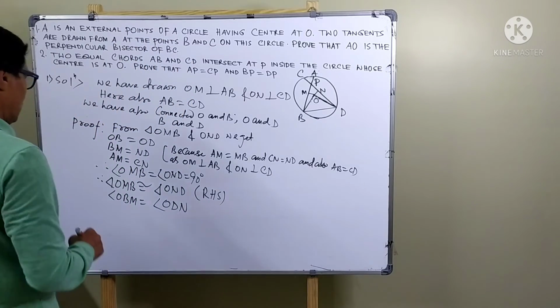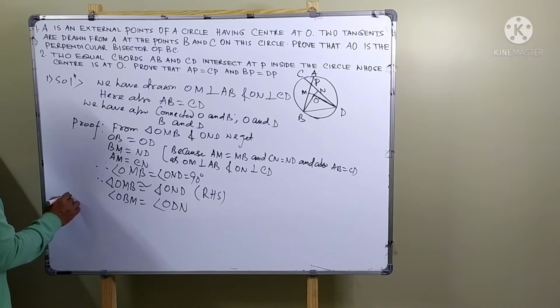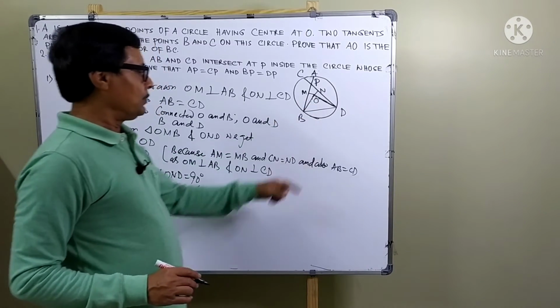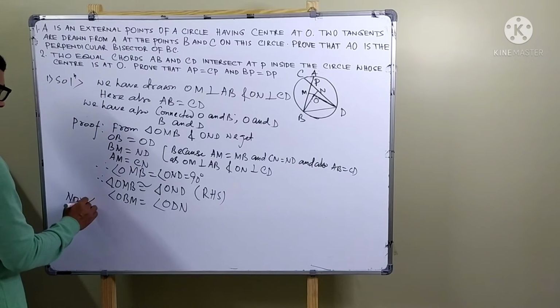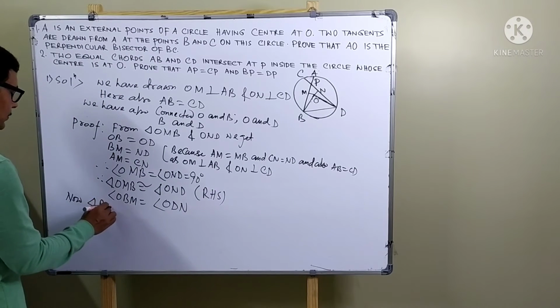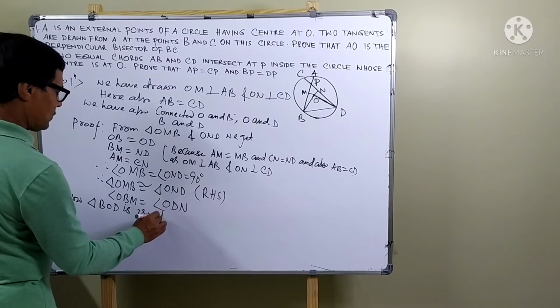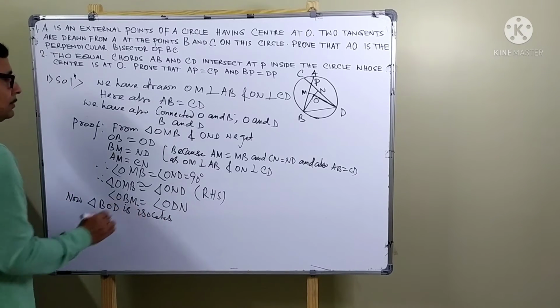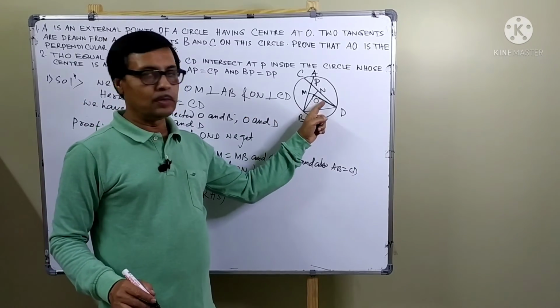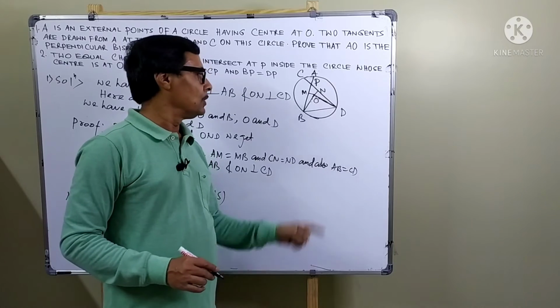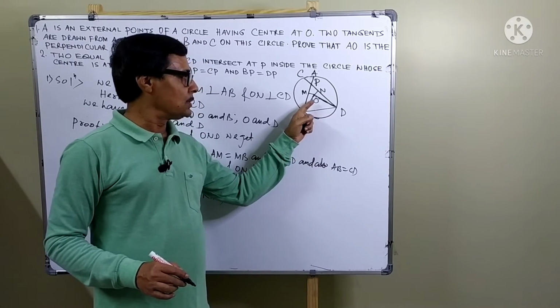Now, triangle BOD is isosceles, because BO equals DO. Why is BO equal to DO?